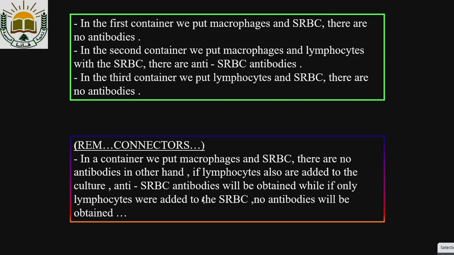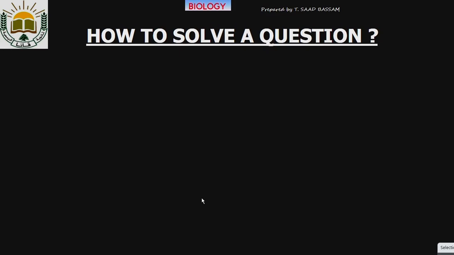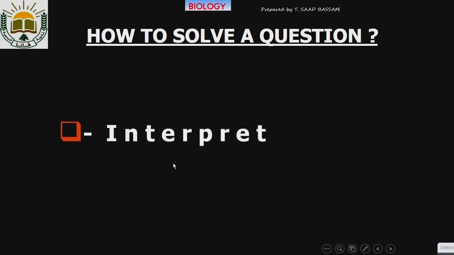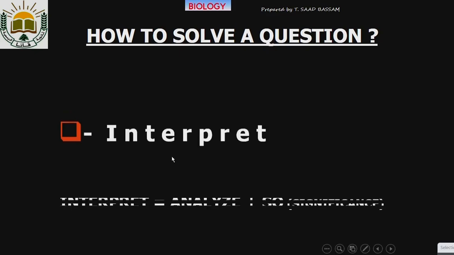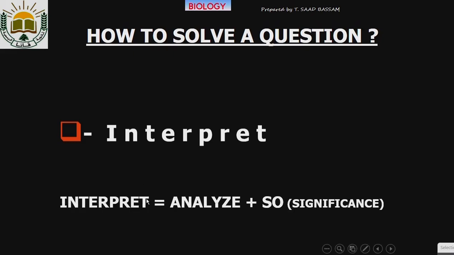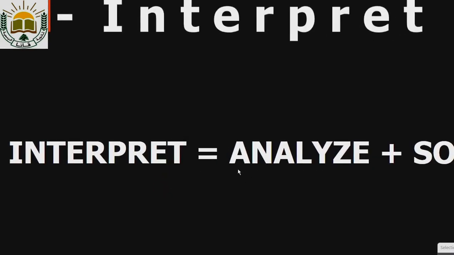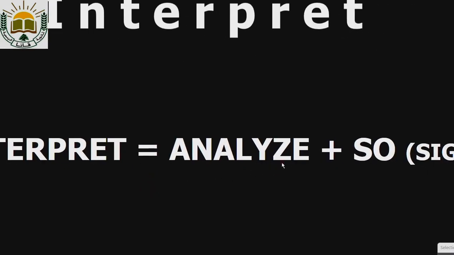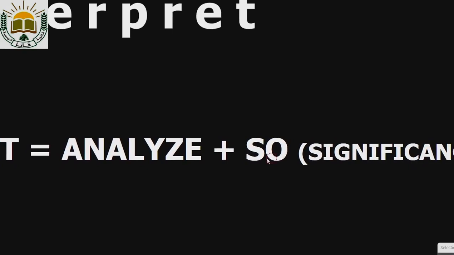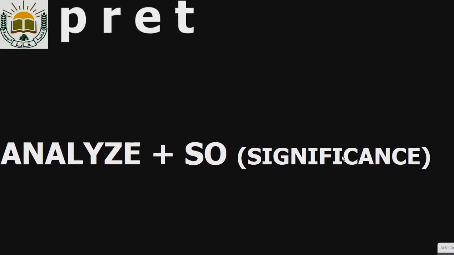Now we arrive at the verb interpret. The definition of the verb interpret is this: interpret equals analyze plus so. I mean you have to put a significance.